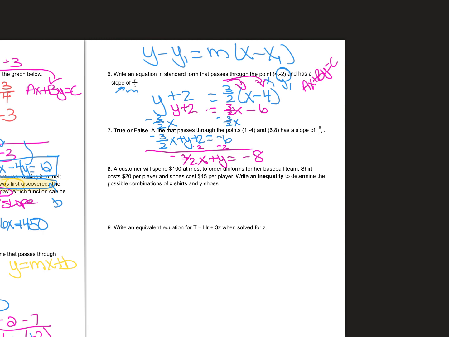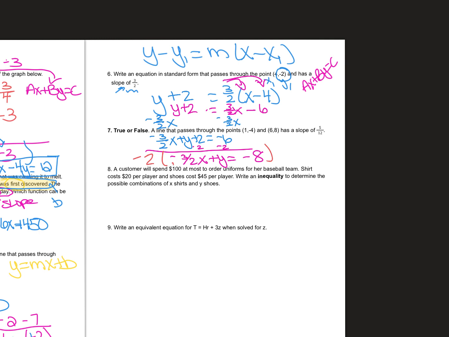Okay, can't go anywhere yet because I'm still not in standard form. I know this because I have a fraction and I have a negative. So I'm going to multiply by the denominator, which is 2. And because I have a negative, I'm going to multiply by -2, because when I distribute that to my a value, a negative times a negative is positive.